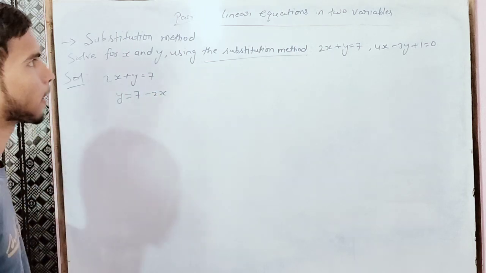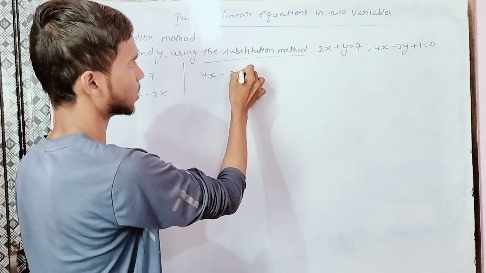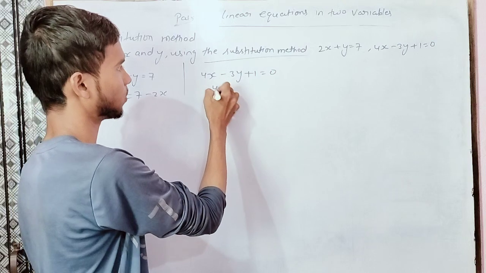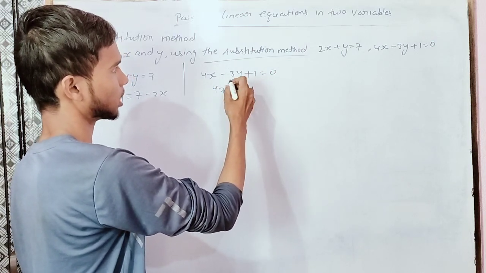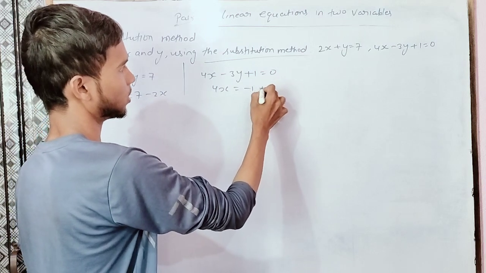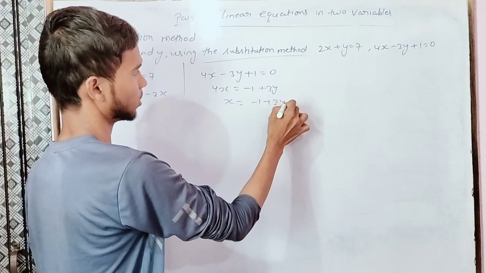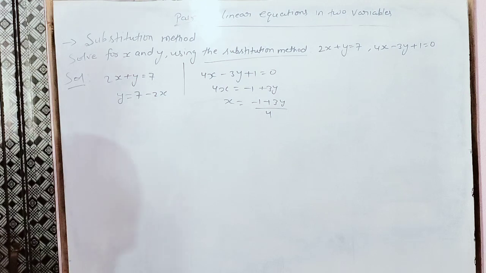So here the second equation is 4x minus 3y plus 1 is equal to 0. So here 4x minus 1 and this is plus 3y. So it will be x equals minus 1 plus 3y upon 4. Now what can we do?